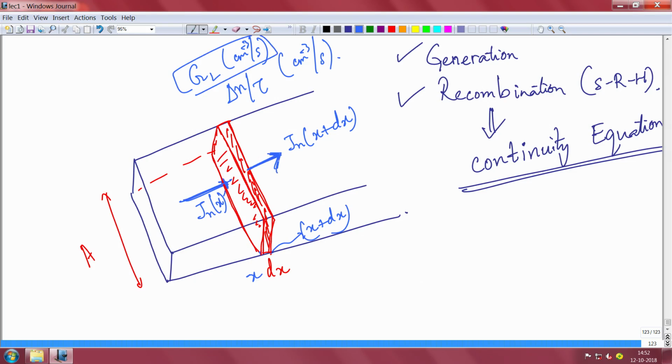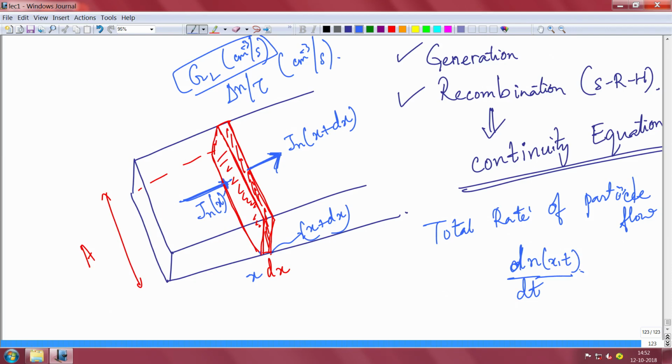So, the total rate of particle flow, electron flow I mean, within this block is given by dn by dt. Actually, it is a function of both x and t.